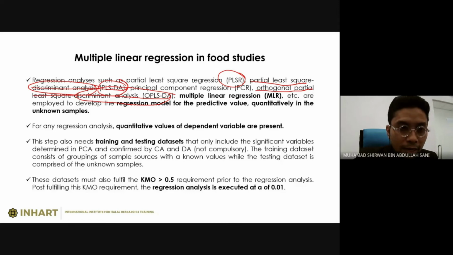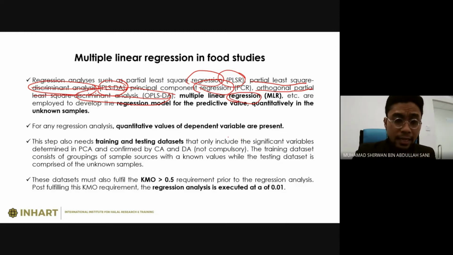So any word having regression, they belong to the regression group. However, they have different algorithms to make the regression. So when we want to choose which one is the best, we need to carry out regression using different types of regression and then compare them.